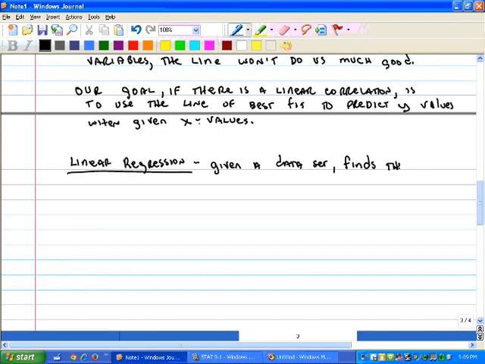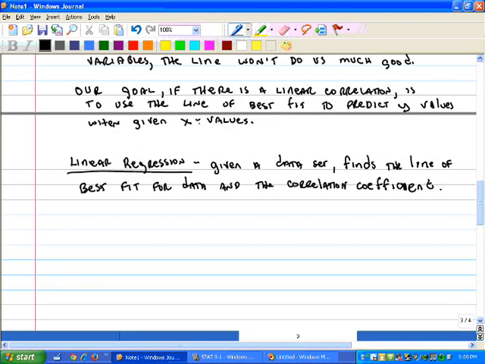This finds the line of best fit for the data, and the correlation coefficient. If you're wondering what a correlation coefficient is, we'll talk about that now.